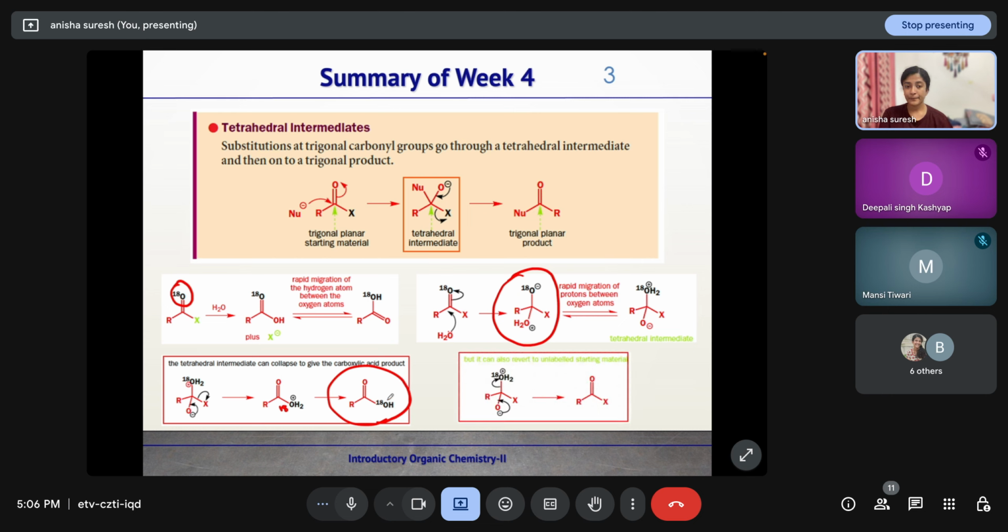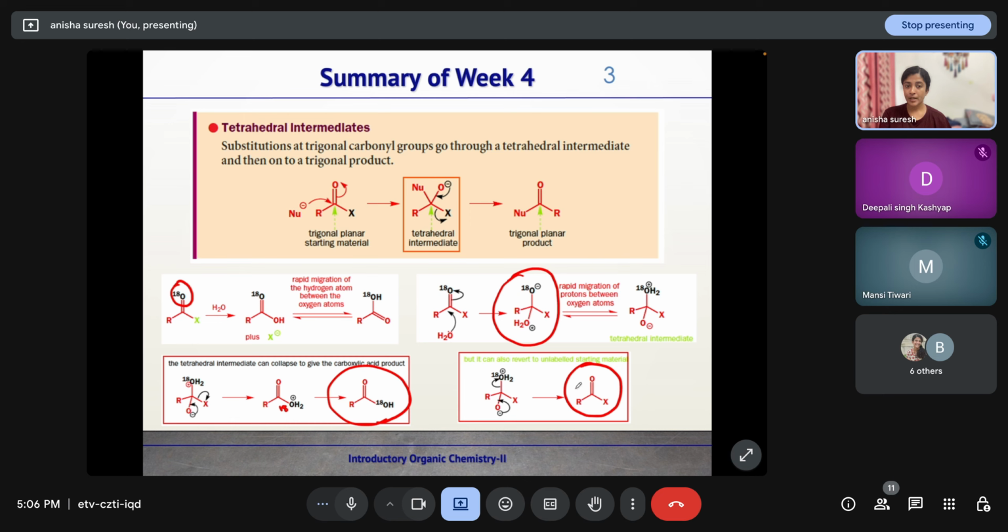In some cases, while the O minus falls back, the water can also be removed, leading to formation of the starting material without the labeled oxygen.